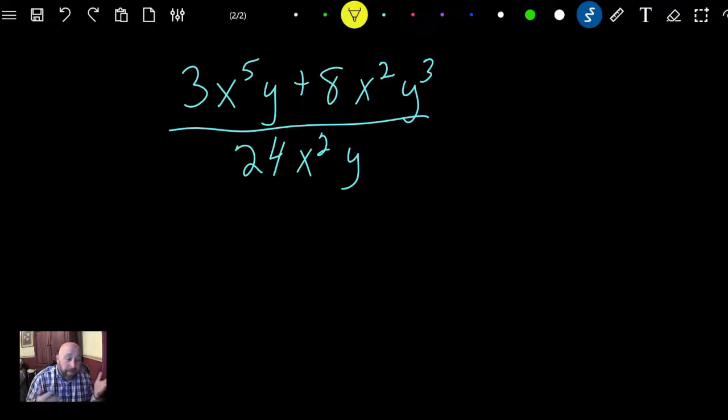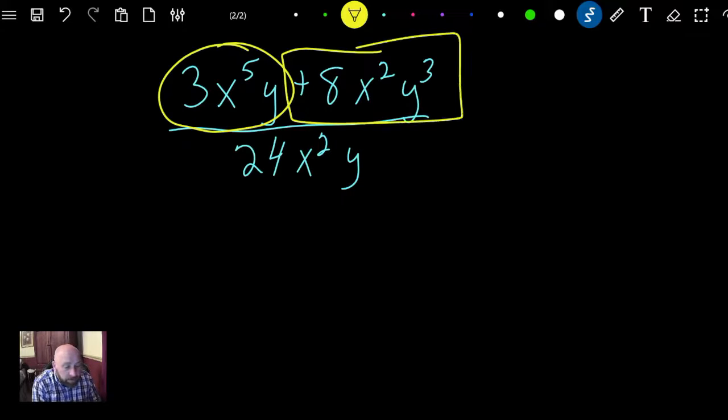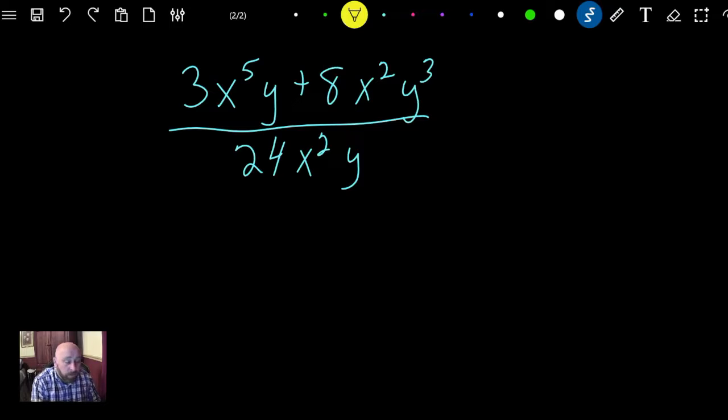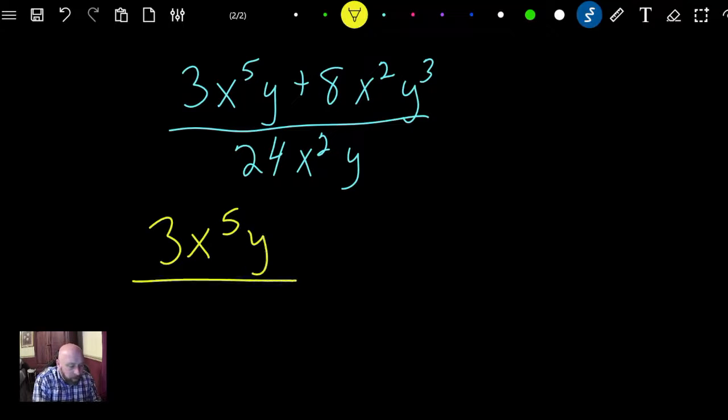All right, let's go ahead and do this one right here. Notice that this time we only have 2 terms. So you have a term here, and then you have a term here. So this one we're only going to have to break into 2 different problems. All right, so let's go ahead and do that. We'll do this one first. So we have 3x to the 5th y over 24x squared y.